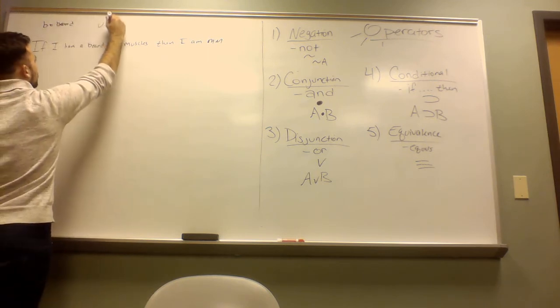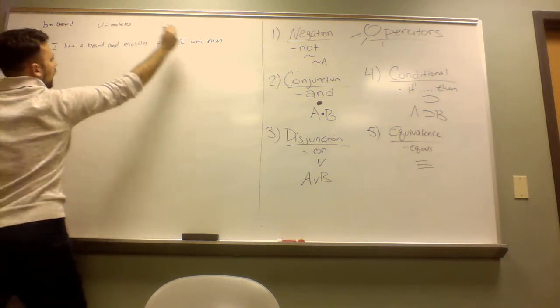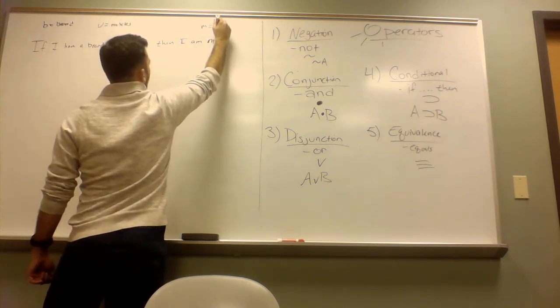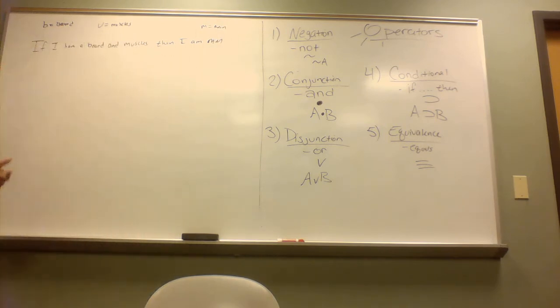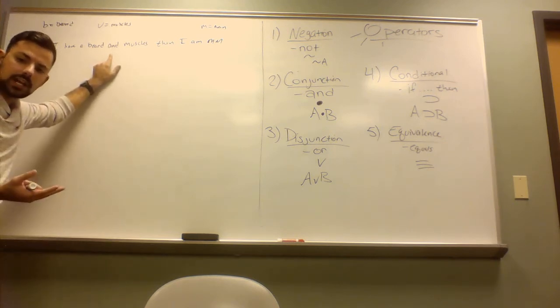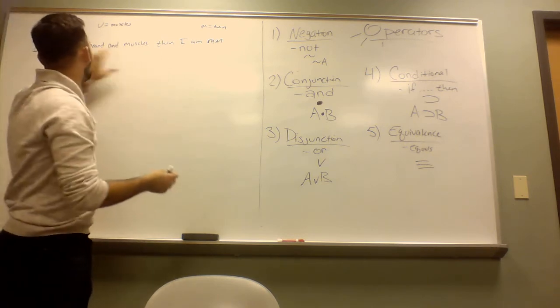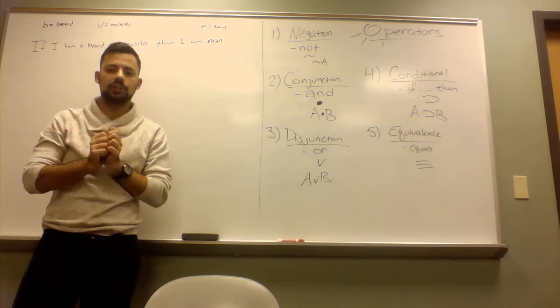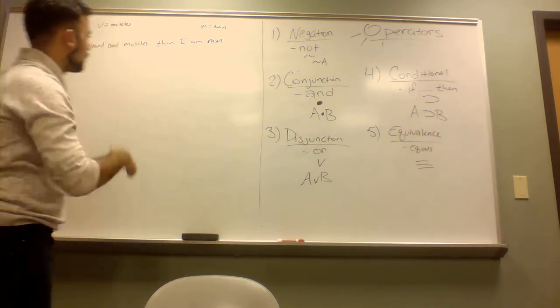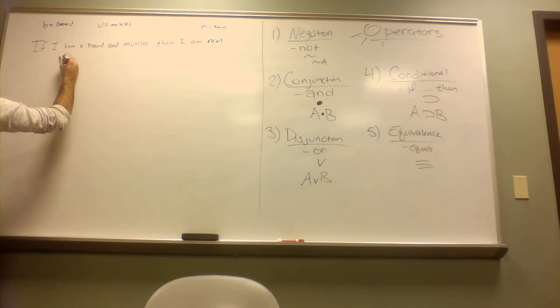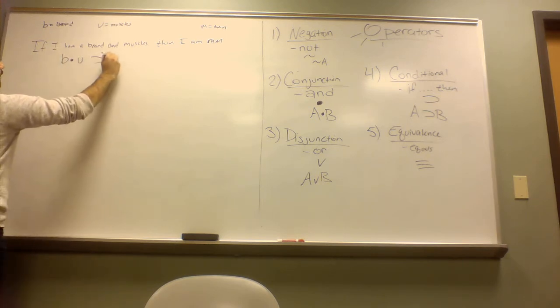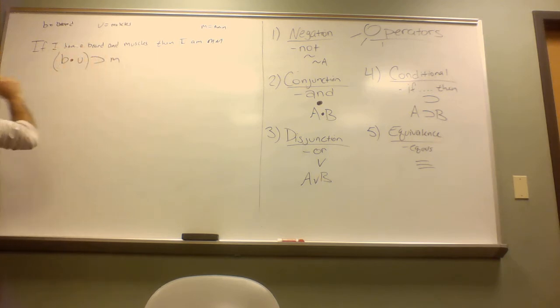We'll just say U will equal muscles. And M will equal man. Well, here we can see that we have an and here, right, which will indicate a conjunction, right? But we also have an if-then, which is the larger statement that the conjunction is a part of. So to translate something like this, we would have to say B and U, then M. And we'll put parentheses here, right?